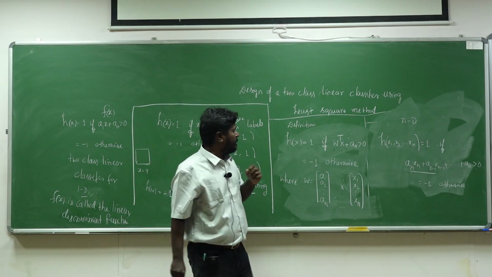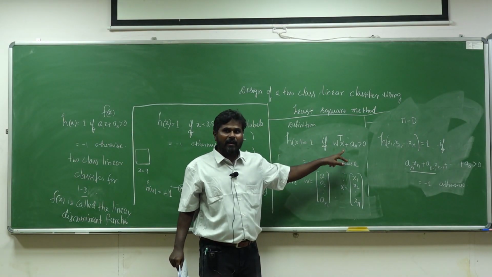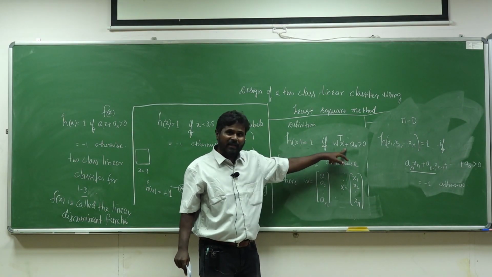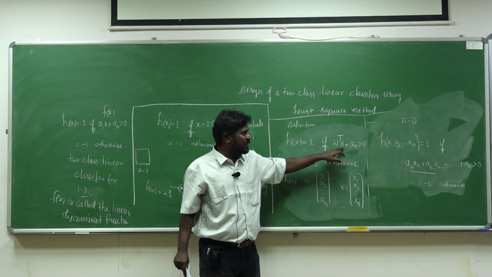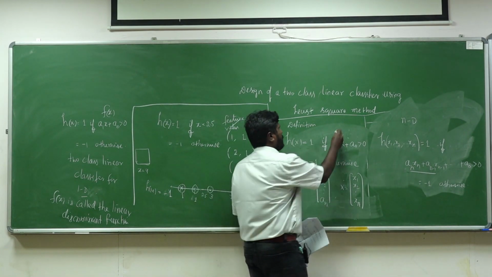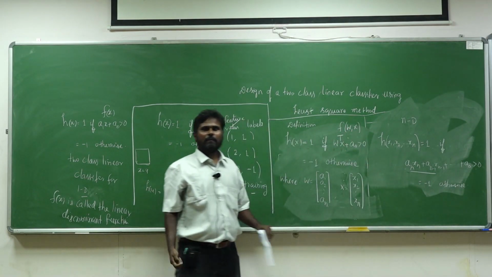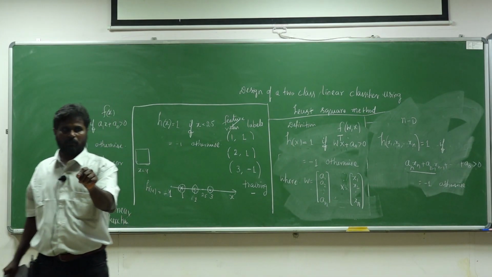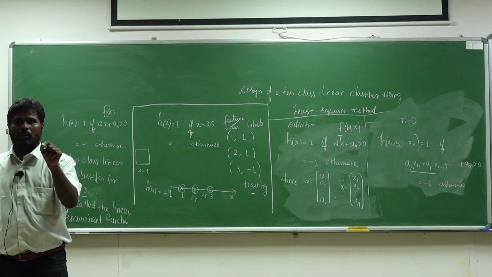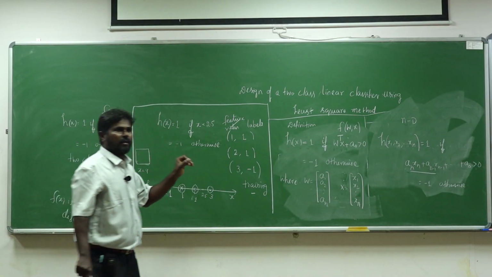For the given data, training means getting the parameters of the function. This is my function. It's a function of w comma x. X is the input that you give, and w characterizes the linear function here.